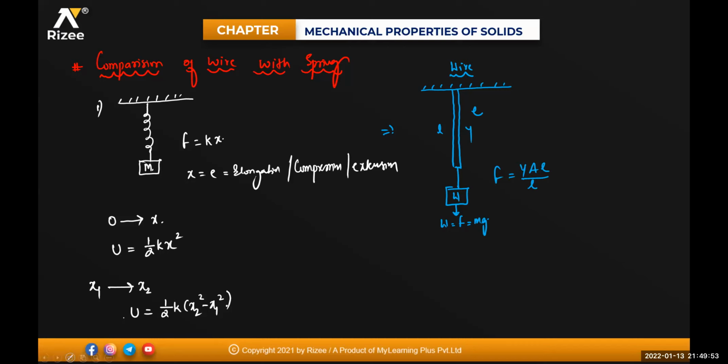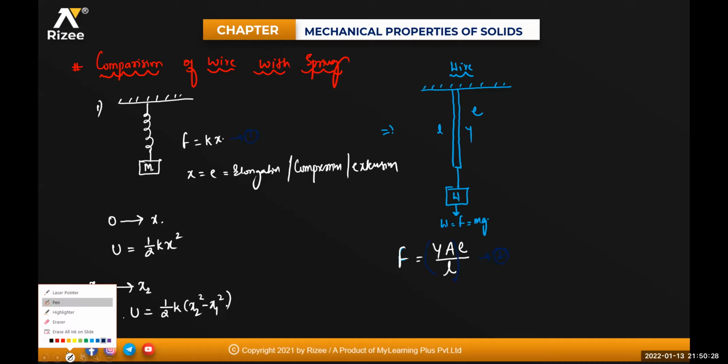I hope you are not getting confused in this one. I'm writing L and X in the same condition. So force F is equal to Y into area of cross section A into elongation E divided by length L. Here I'm writing this YA by L. So this is your equation 1 and this is your equation 2.